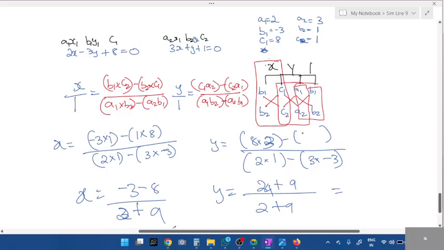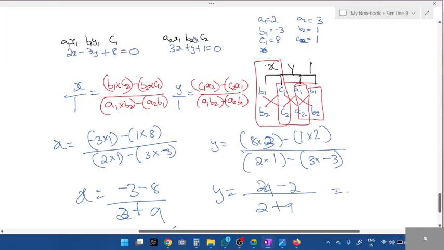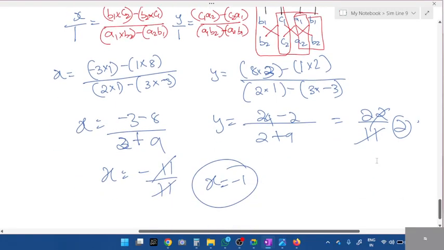C2 is 1 and A1 is 2. What is 1 into 2? Minus 3, right? It should be minus 3, students. How much is 24 minus 2? 22 by 11 is 2. Is it correct? All of you got the answer?